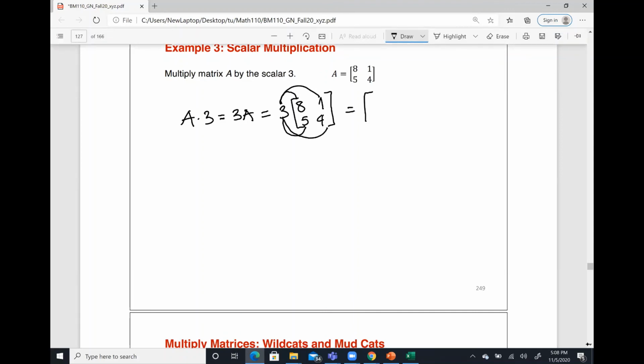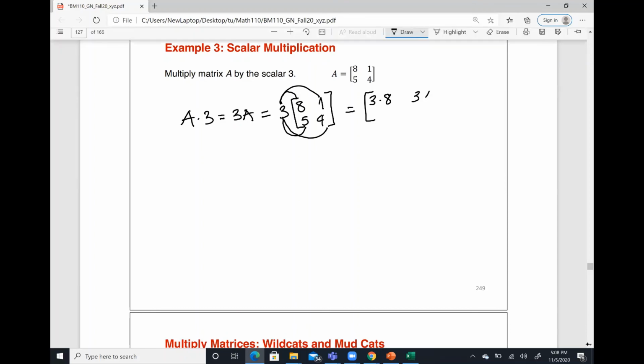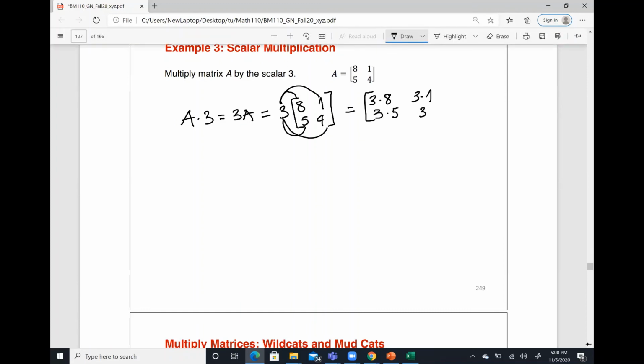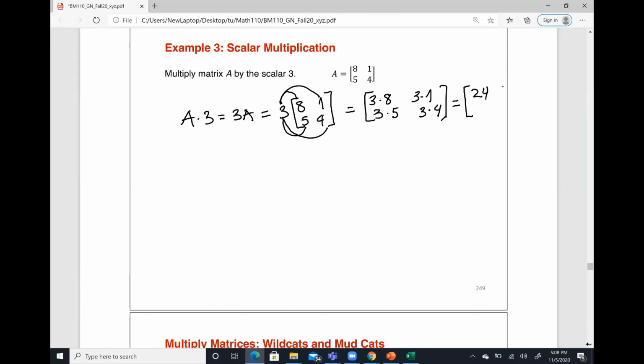So you have the new matrix as 3 times 8, 3 times 1, 3 times 5, and 3 times 4. In short, you have 24, 3, 15, and 12 for the matrix as the answer.